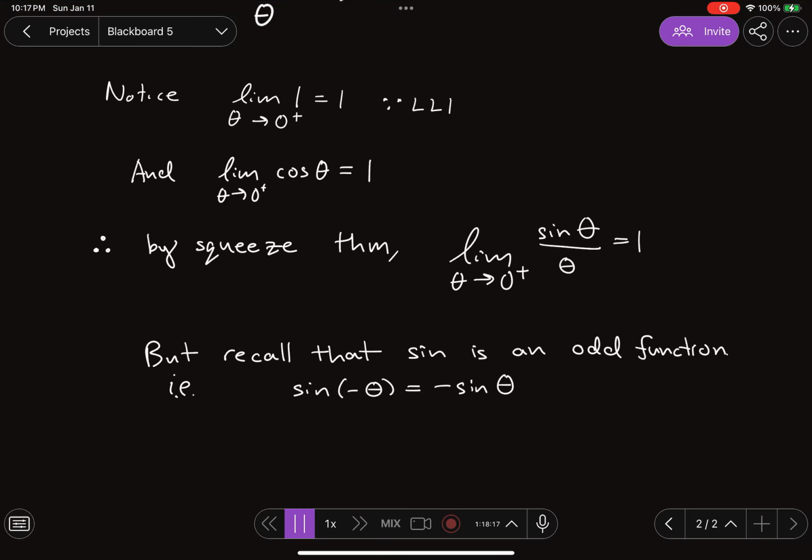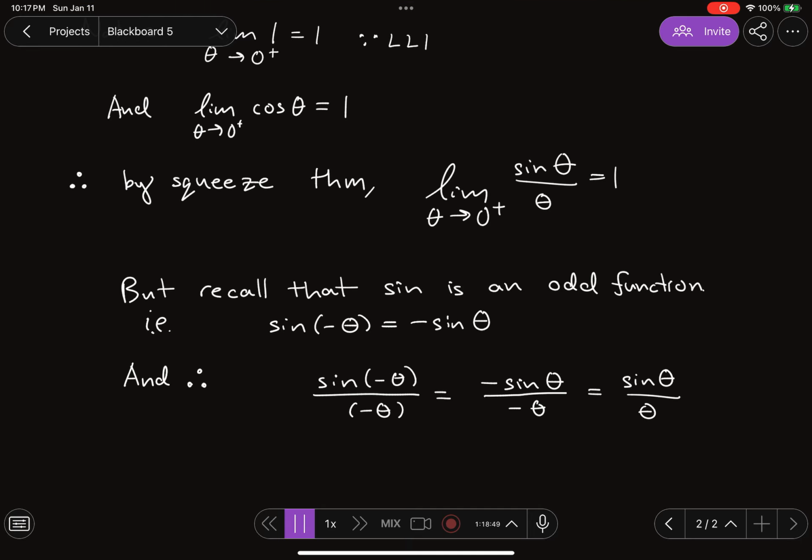And therefore, the sine of negative theta divided by negative theta is equal to negative sine of theta divided by negative theta, which is equal to sine of theta divided by theta.